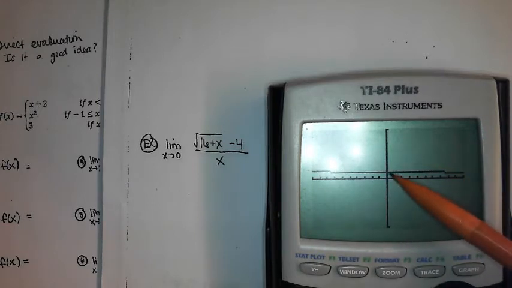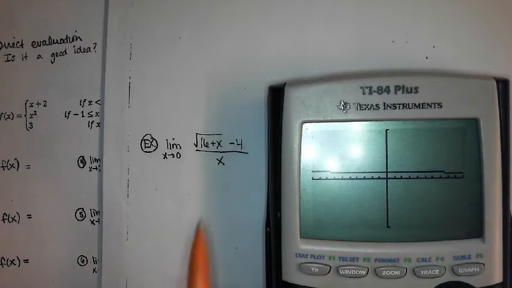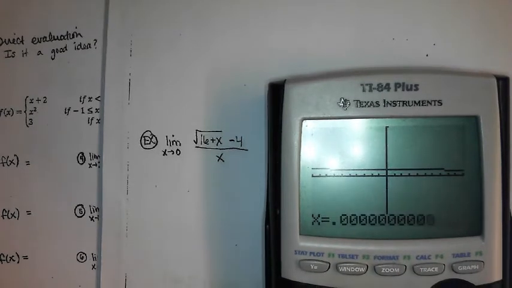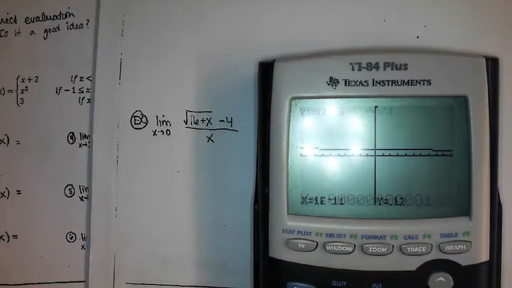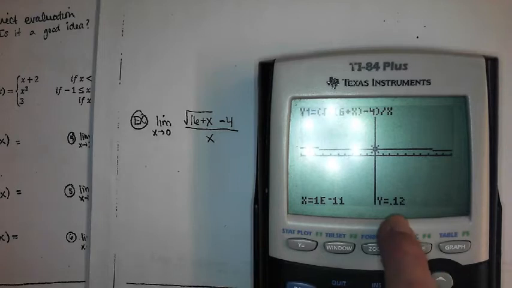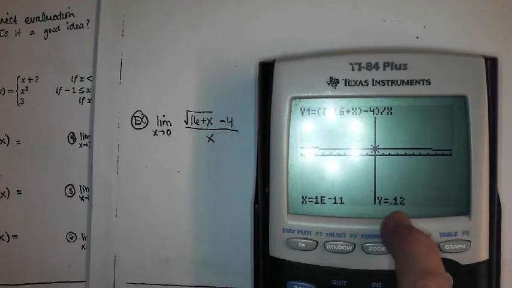There's a hole there that we're not seeing because we know it's undefined at 0. But on the calculator, you can do second trace and look for a value not at 0 but at 0.000001, telling your calculator to get infinitely close to 0, and that will give you 0.12.